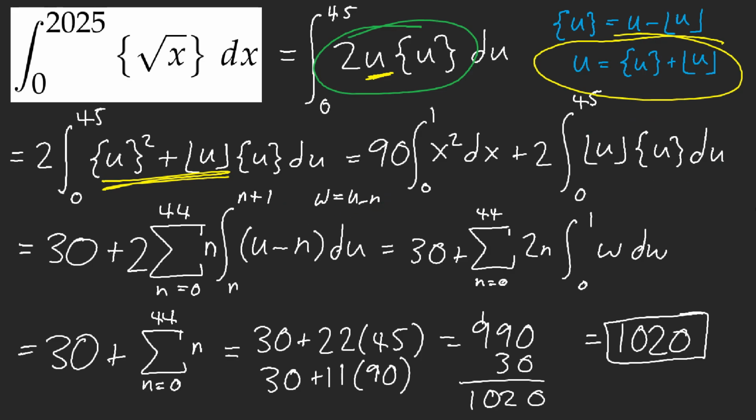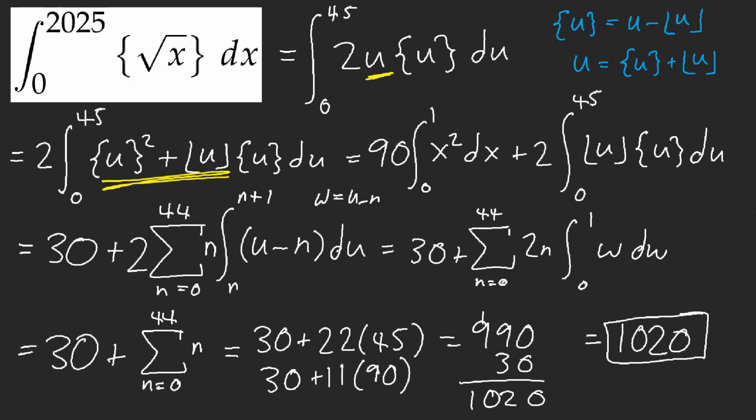All right, so that is the fastest, cleanest way to solve this integral. Very sneaky, but definitely keep that in mind. If you have a mixture of u and fractional parts, this is probably the best way to go if you want cleaner answers. In that way, this is just a constant when you do the summation.